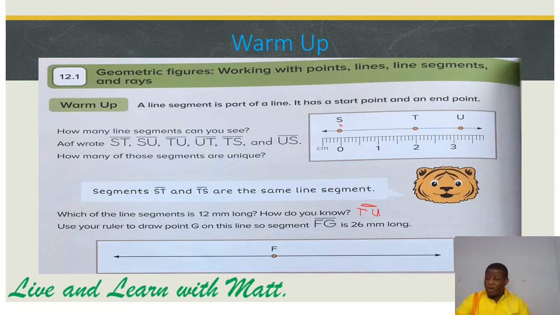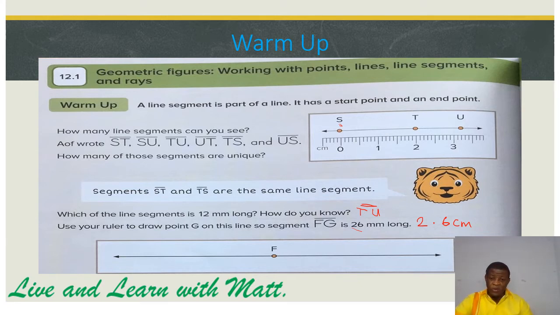So we're going to use our ruler to measure 2.6 centimeters, which is the same as 26 millimeters. So start from point F, at 0, to 2.6 centimeters.